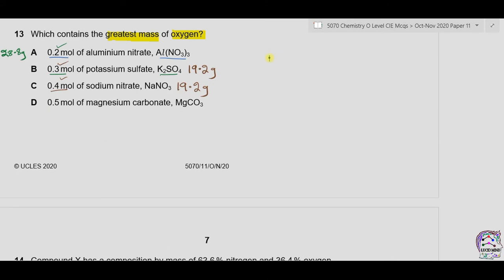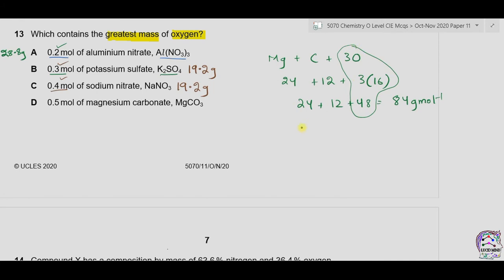Similarly for D we have magnesium carbonate. 1 magnesium atom, 1 carbon atom and 3 oxygen atoms are present. The atomic mass for magnesium is 24, for carbon it is 12 and for 1 oxygen it is 16. So in total we have 24 plus 12 plus 48 equals 84 grams per mole of magnesium carbonate. As in 1 mole we have 48 grams of oxygen, we can find the mass of oxygen in 0.5 moles.